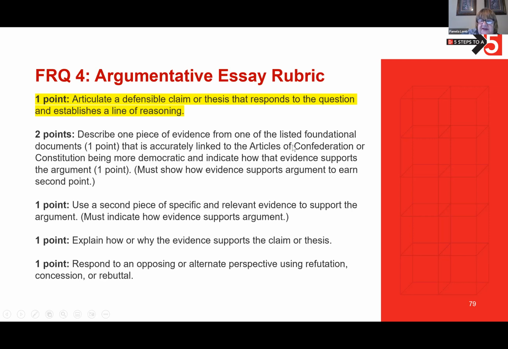If you only give a piece of evidence and you state something true about the Articles of Confederation or something true about the Constitution, you could get that 1 point. But if you don't link it back up to your claim, then you won't get that second point. Then you need a second piece of evidence and how that supports the claim, and then your alternative.